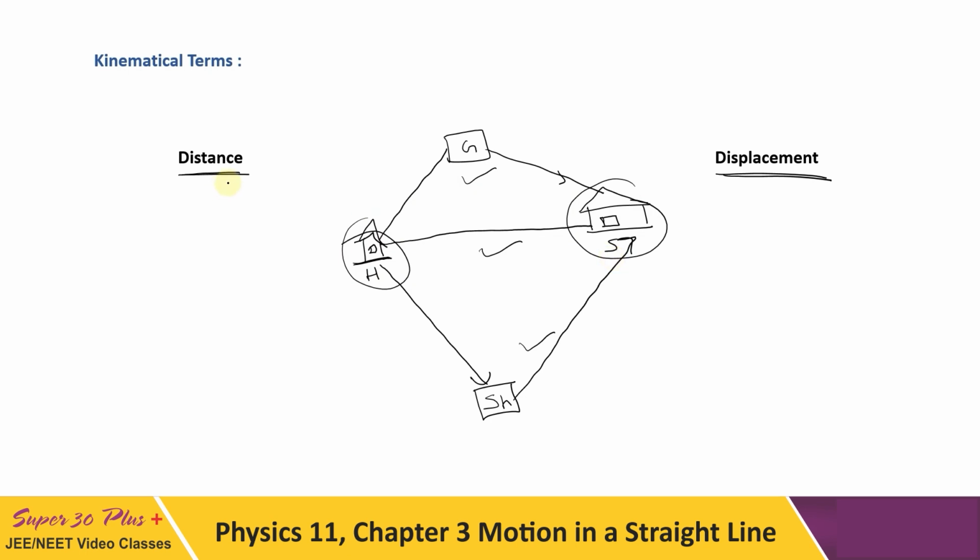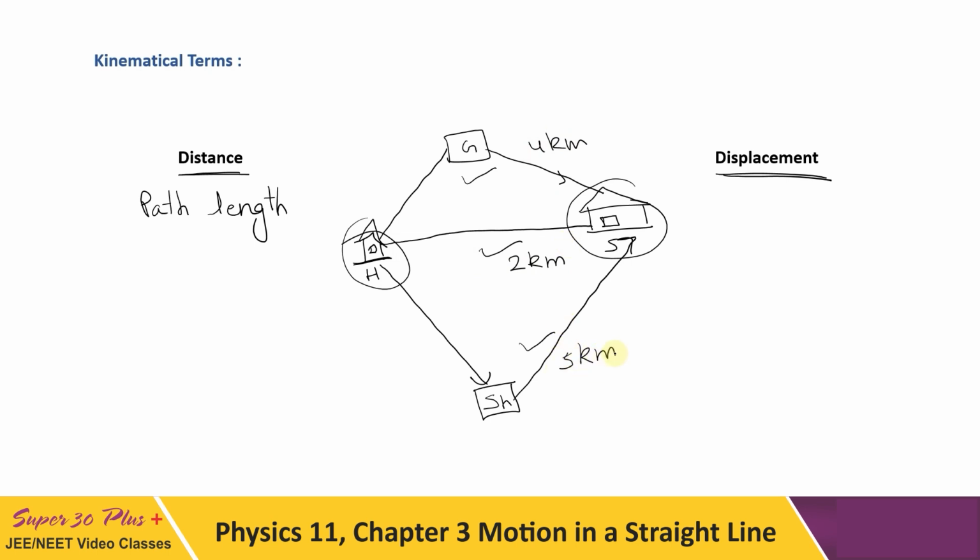So the kinematical term distance is simply the path length. If we are interested in how much one has traveled, then of course it will be different for all three students. For this, if he is going to school, it can be 2 km. For this student, it can be 4 km. And this, it can be 5 km. So path length, if you see, is different.